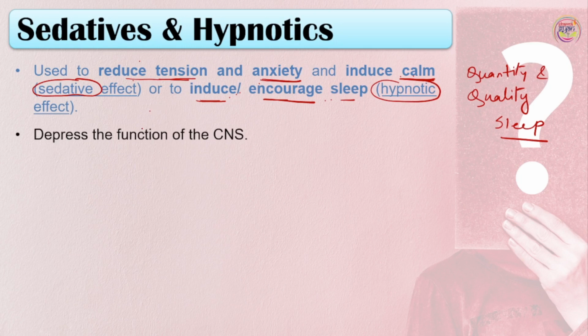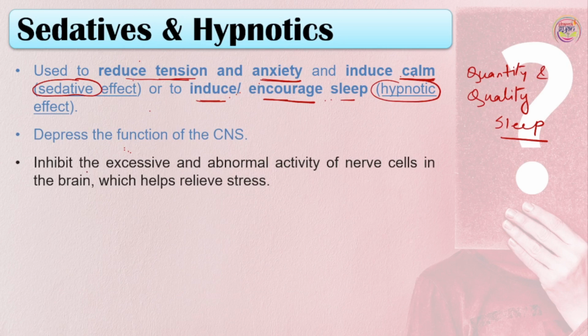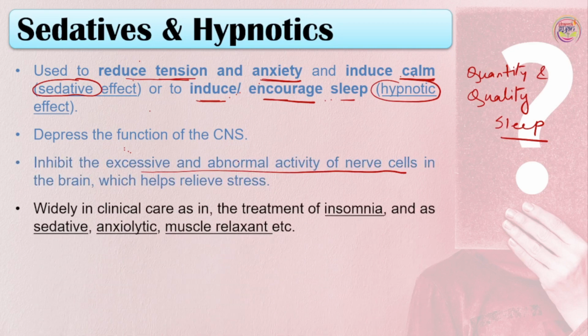This category of drugs depress the CNS function. They inhibit excessive and abnormal activity of nerve cells. So the hyper-responsiveness or excessive abnormal activity of the nerve cells in the brain, they will be reducing, which helps to relieve stress.